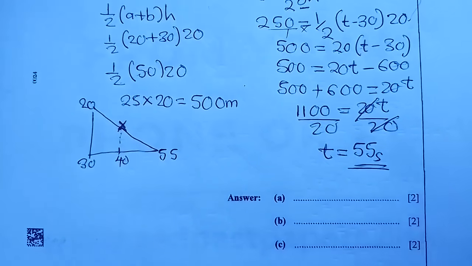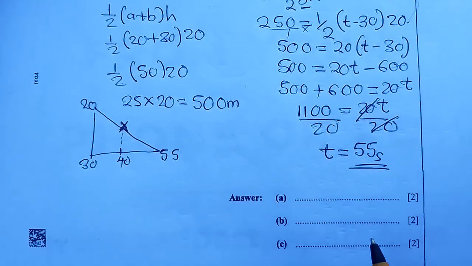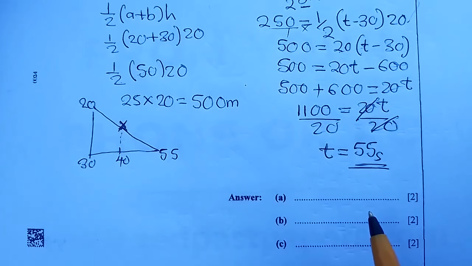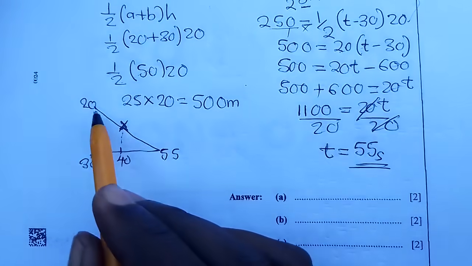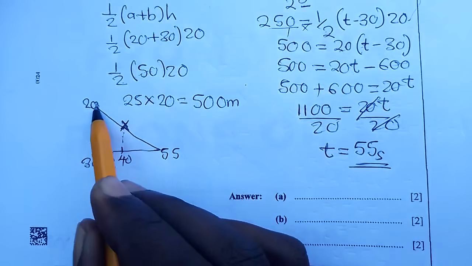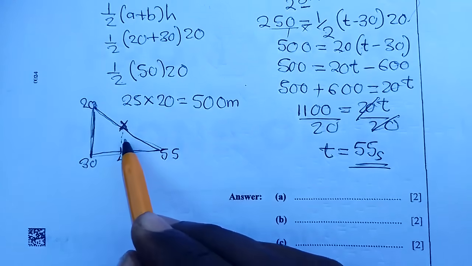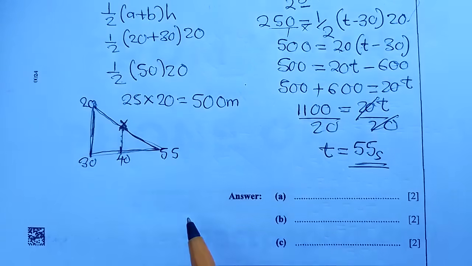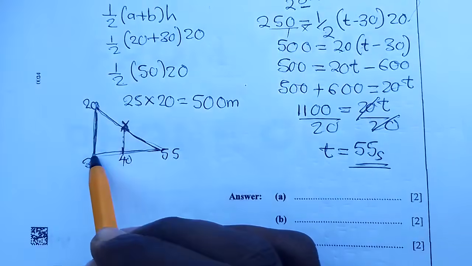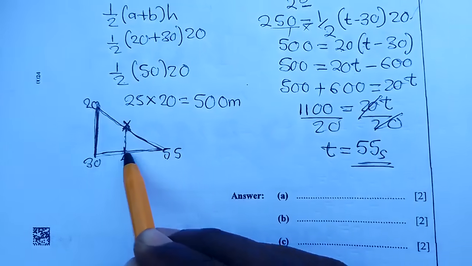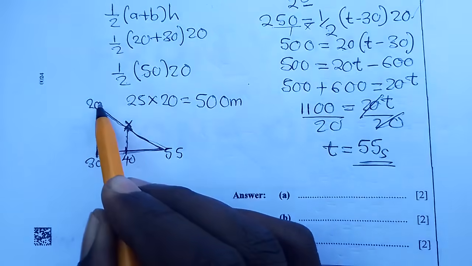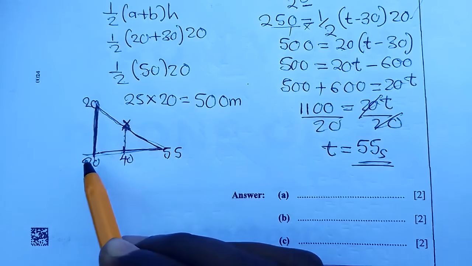So what we are going to do is that we are going to use similarity and congruence to find this value. As you can see, we've got two triangles. We've got this larger triangle. We also have this smaller triangle. So this from here to there, it is 20.